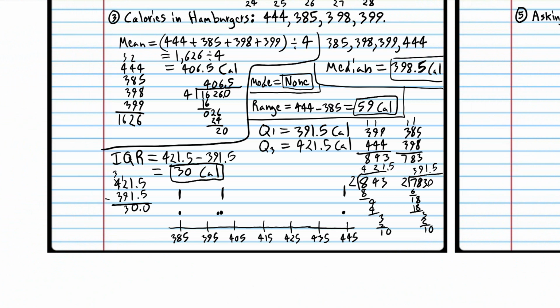That's about over here. And then Q3, put a vertical line, 421.5. That would be about here. And then make your box for the inner 3 lines. Make your box. Sorry. And then your whiskers. So if that's your box plot, if that's kind of what you got there, good job.